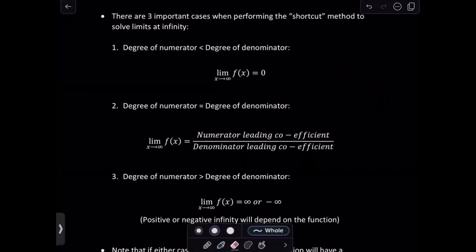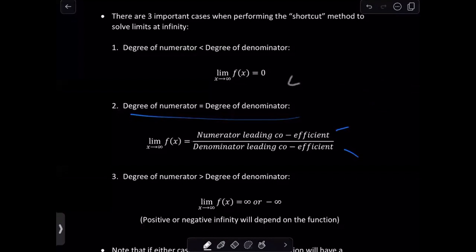Then let's look at case 2, when the degree of the numerator and the degree of the denominator are equal. What we are going to get is a fraction, and we have to take the numerator's leading coefficient and the denominator's leading coefficient. What's a leading coefficient? Let's say I have this polynomial, 4x squared plus 5x to the power 7.